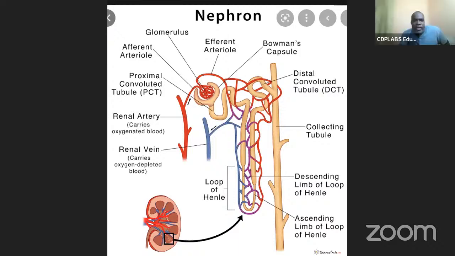What happens at the distal convoluted tube? What happens there?